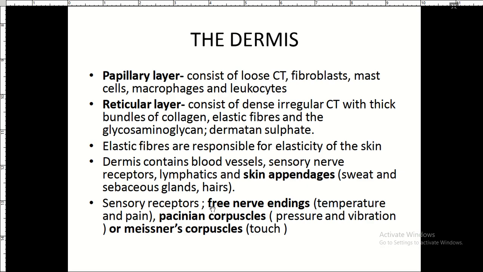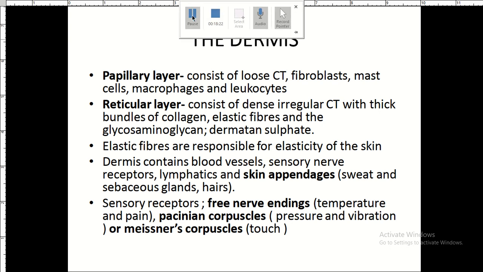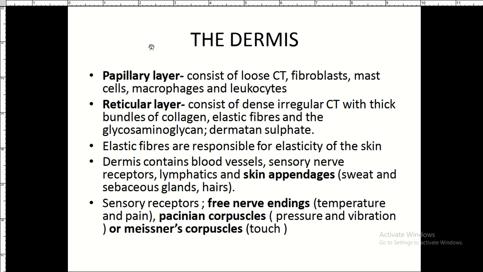Now, let's look at the dermis. So the dermis is divided into two: you have your papillary layer and your reticular layer. The papillary layer consists of loose connective tissue, fibroblasts, mast cells, as well as macrophages, right?